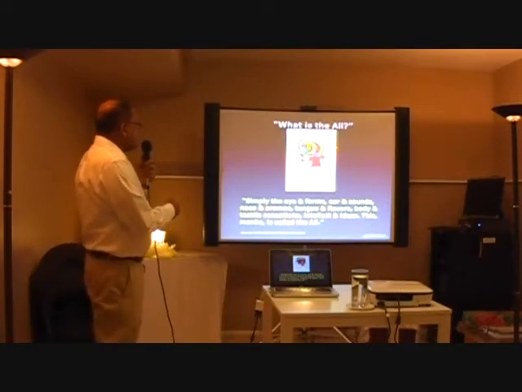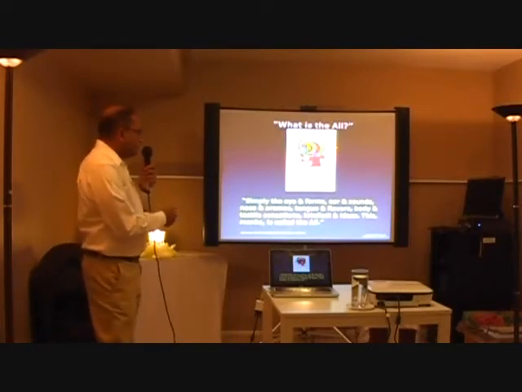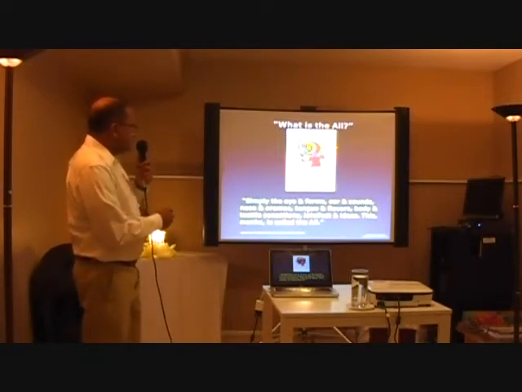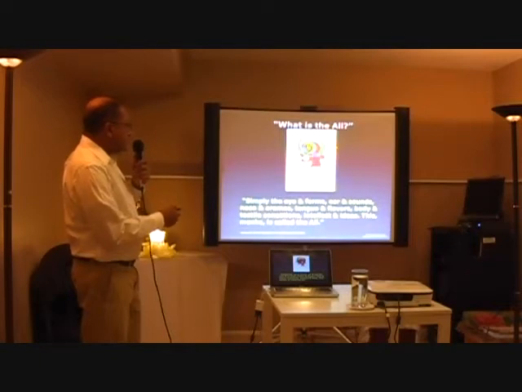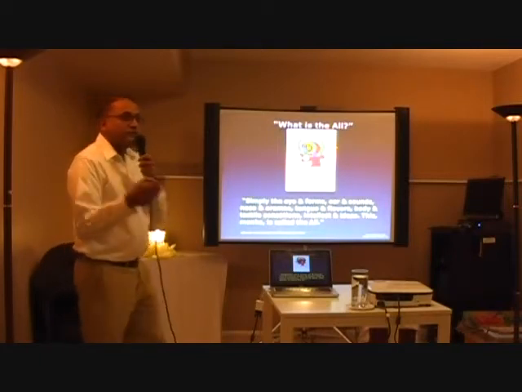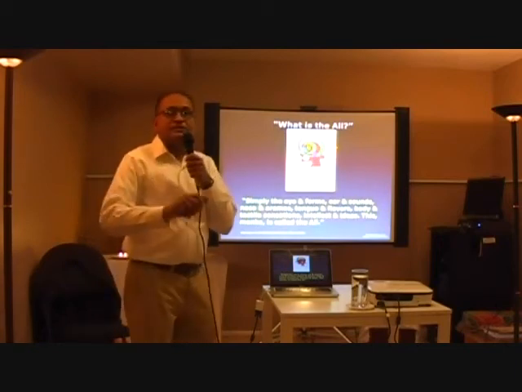The all is simply the eye and the forms, ear and the sounds, nose and aromas, tongue and flavors, body and tactile sensations, intellect and ideas. This, monks, is called the all. If somebody says there's another all, the Buddha said it's impossible.